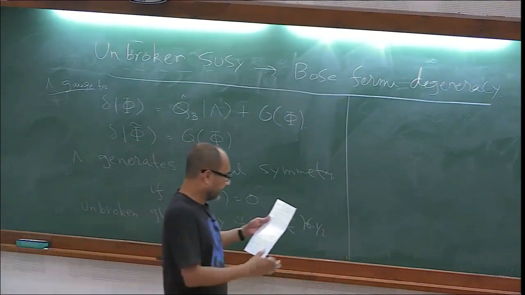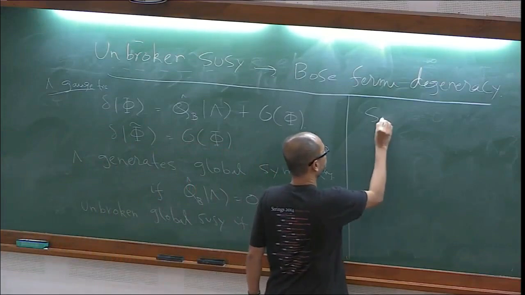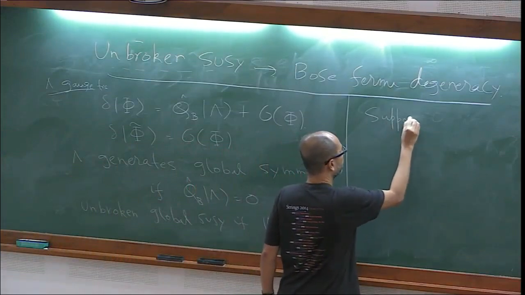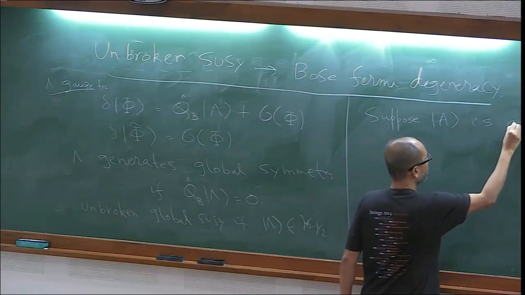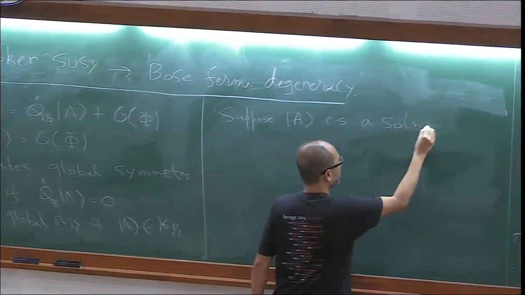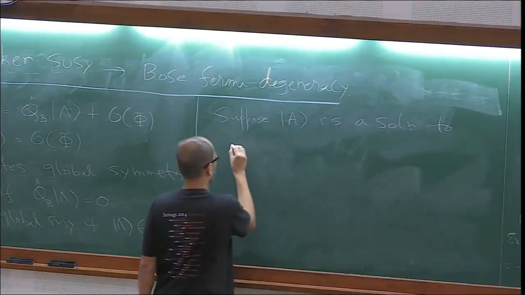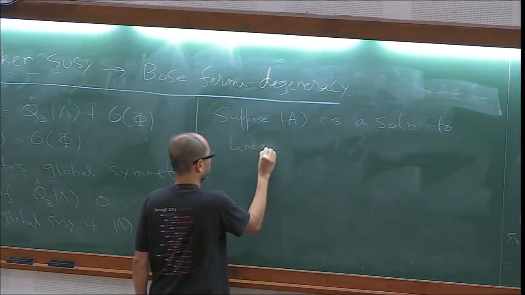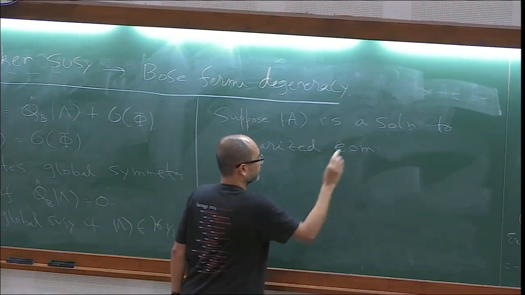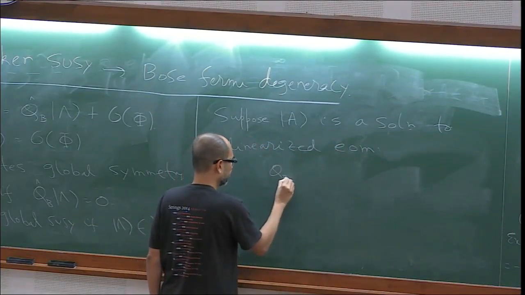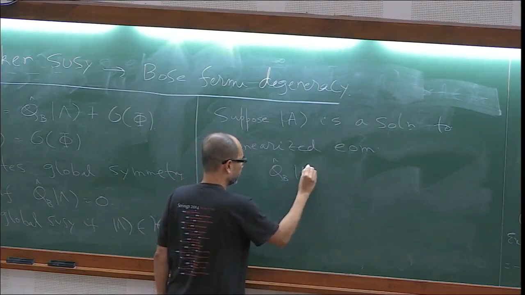Now suppose A is a solution to the linearized equation of motion, which means QB hat A equals 0.